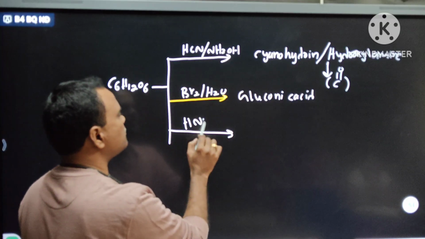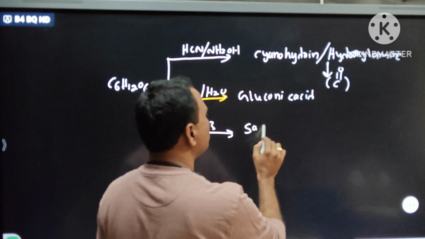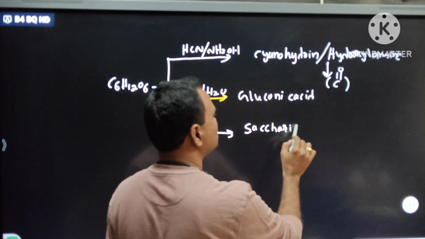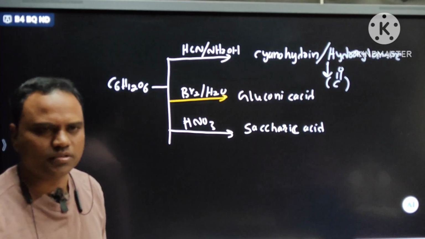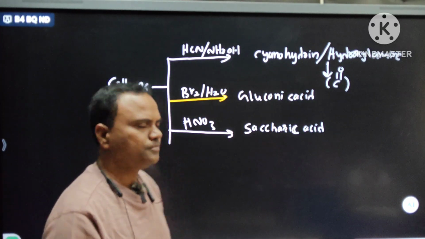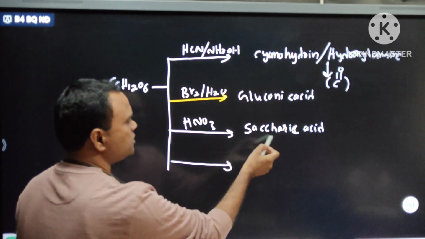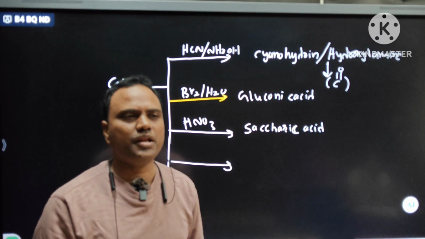Glucose when treated with HNO3 gives saccharic acid. Correct only, no? Saccharic acid contains how many COOH groups? 2 COOH groups. This reaction confirms the presence of primary alcohol.